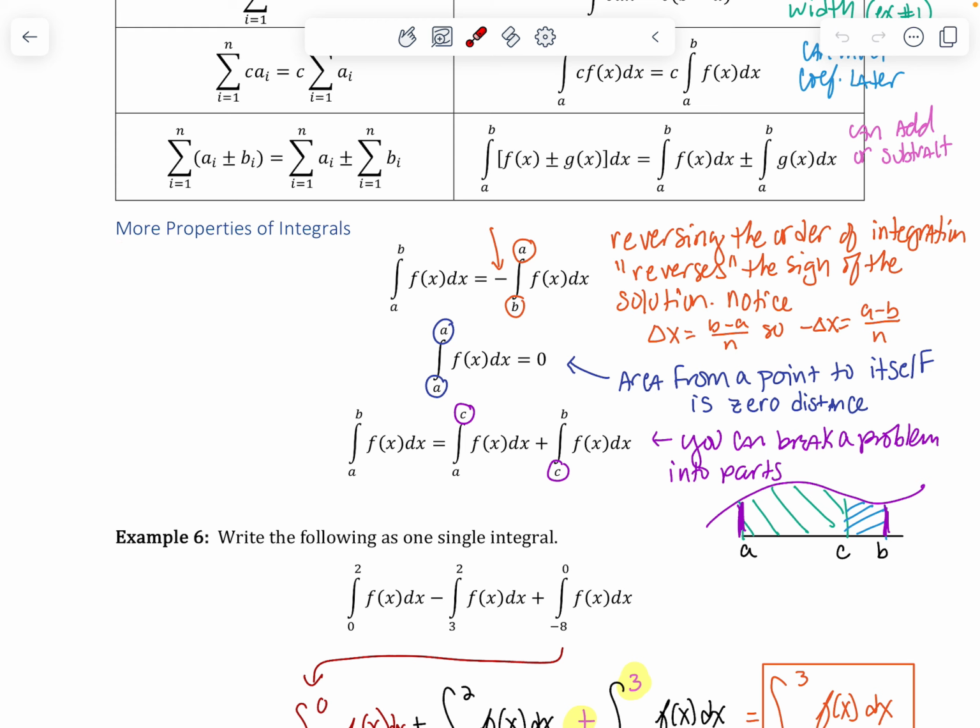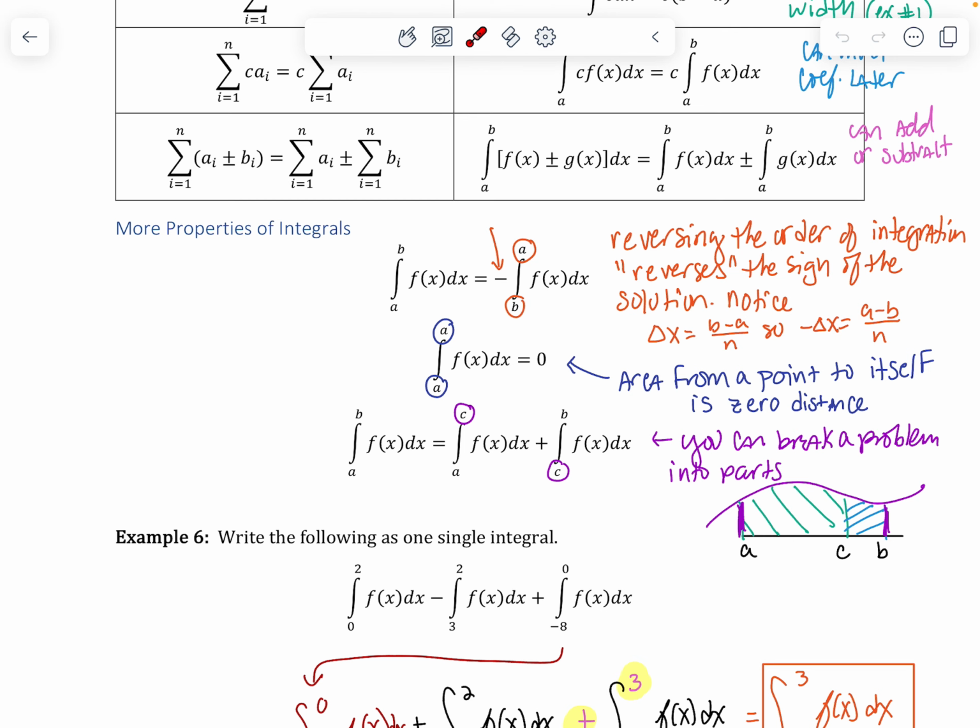A couple more properties that we need to cover. First one is normally we're integrating from a to b, where a is on the left side of b. But there is kind of this reversing effect where if you were to integrate backwards from b to a, then because you're going backwards, we need to have kind of a negative notation. And I try to explain it here. Delta x was b minus a. But if we do a minus b, that's going to give us a negative number of rectangles.